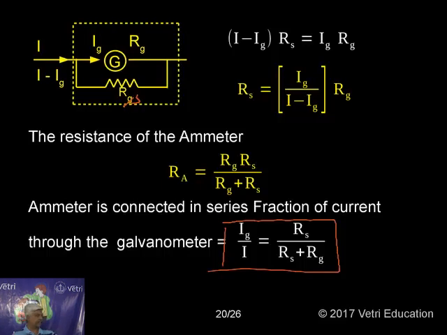Many problems are asked on this ratio of current in respect of resistance. I have given the ratios for series and parallel connections in the previous chapters, kindly go through them.